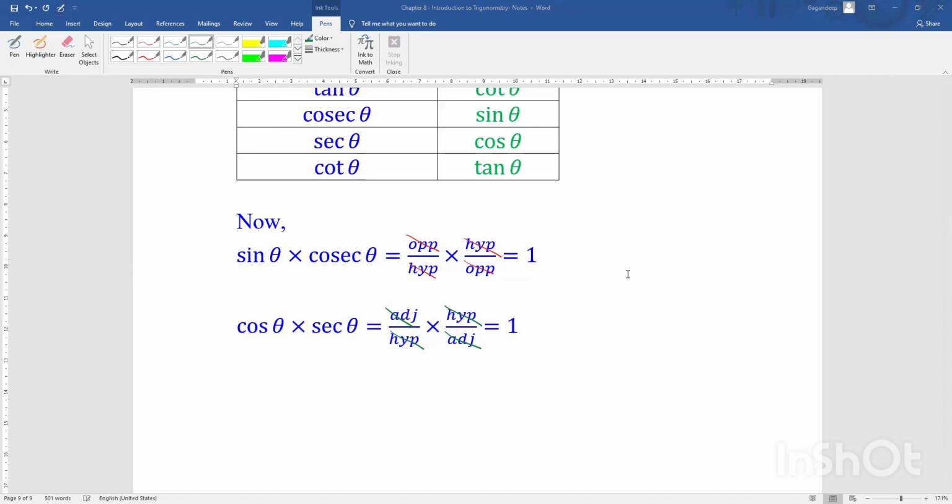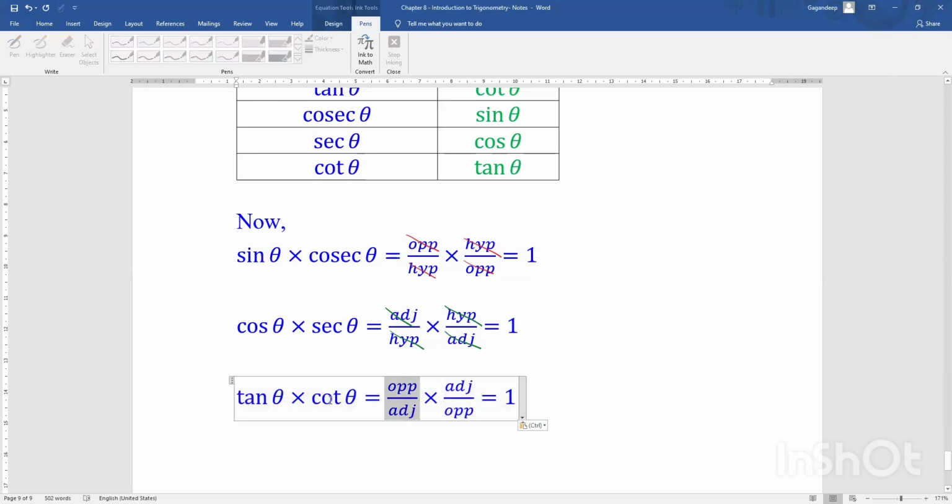And then the last one, tan theta into cot theta. Even this also, wherein tan theta is nothing but opposite by adjacent, and cot theta, you know, it is adjacent by opposite. Both of them here, opposite cancels, adjacent cancels. So opposite gone, adjacent is gone. Right?